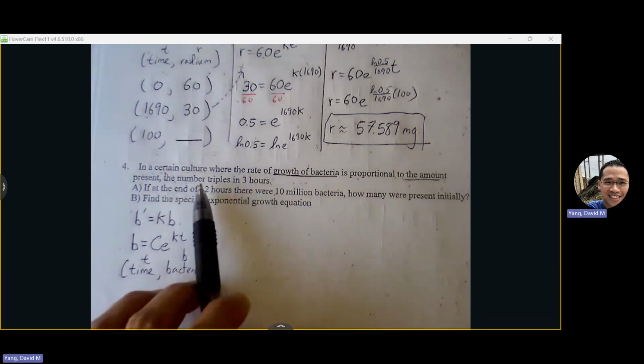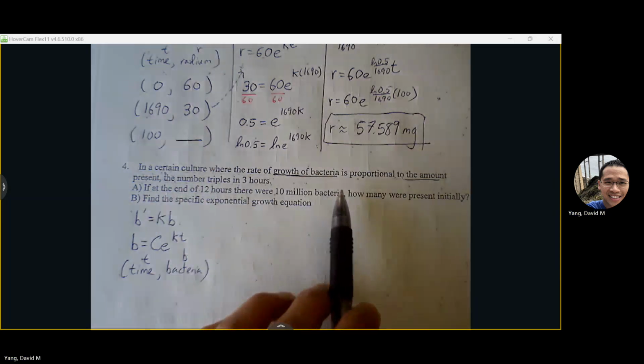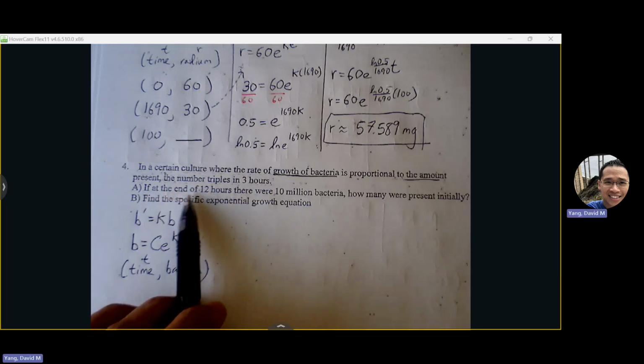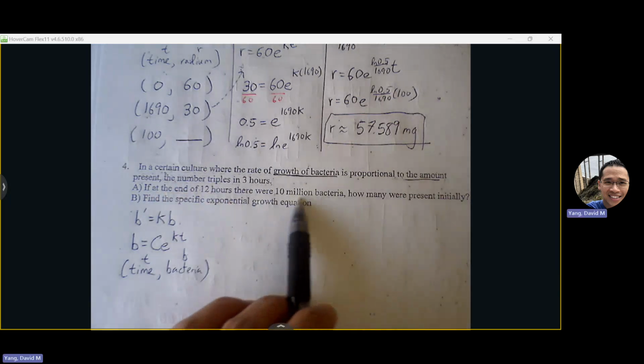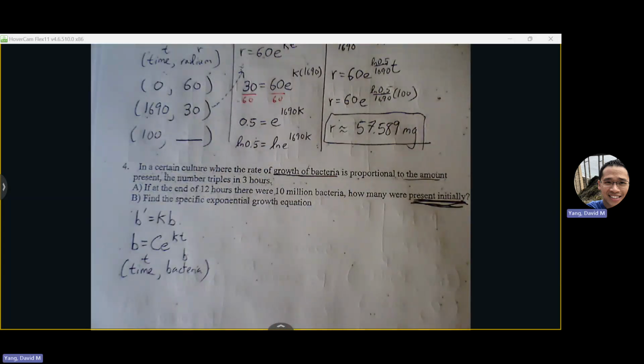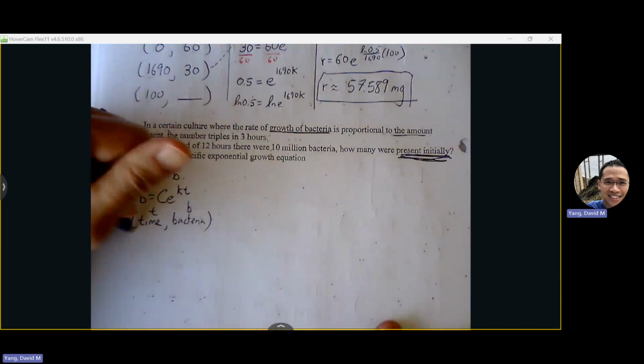So we know that there is some initial amount. We're going to say if at the end of 12 hours there's 10 million bacteria, how many were present initially? Initially means time 0. How much bacteria is there at time 0? So I'm going to say time 0.